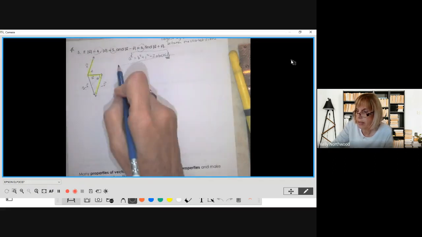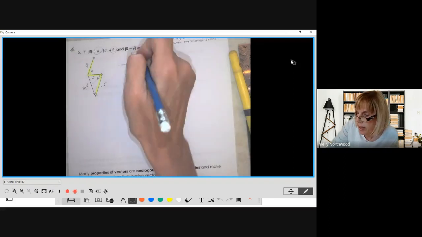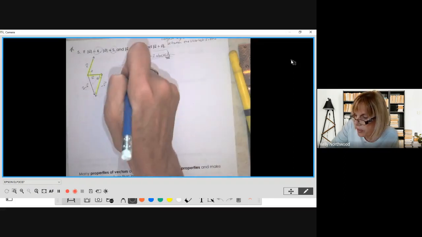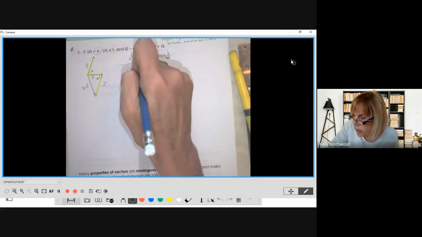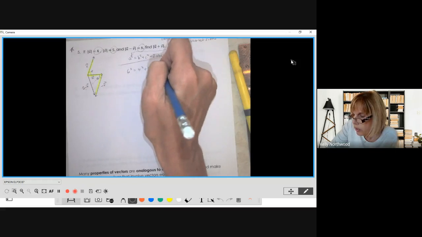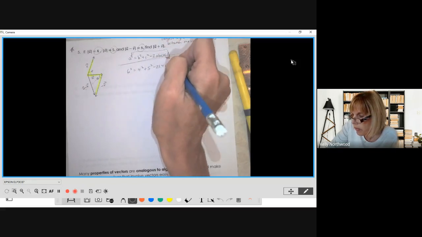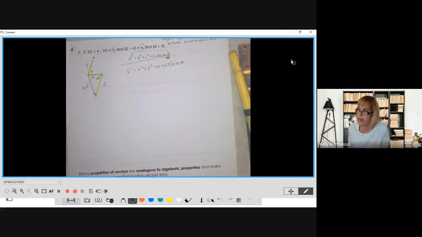That's my formula I'm using, but I'm going to start off my cosine law with the magnitude of vector u minus v. So 6 squared equals 4 squared plus 5 squared minus 2 times 4 times 5 times the cosine of theta, the angle between the two sides.